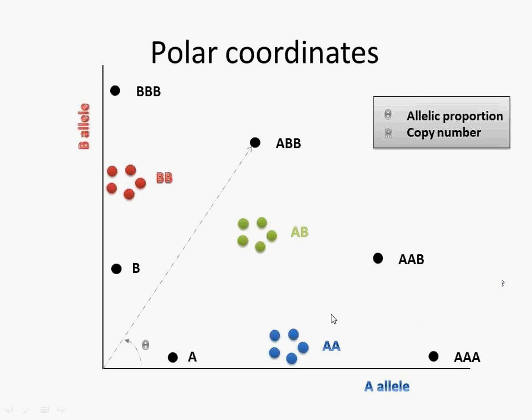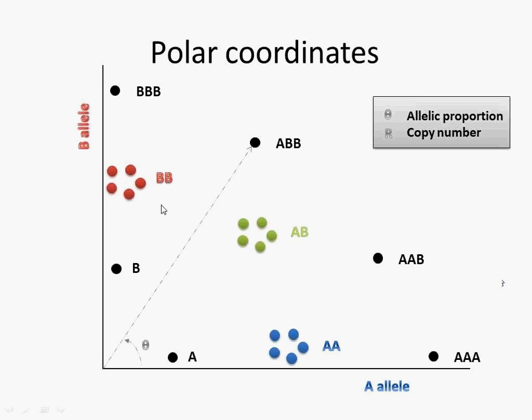The R, the radius from the center, is actually proportional to your copy number, whereas the angle theta is the proportion of the A allele to B allele. When it's 45 degrees, it's 50%.